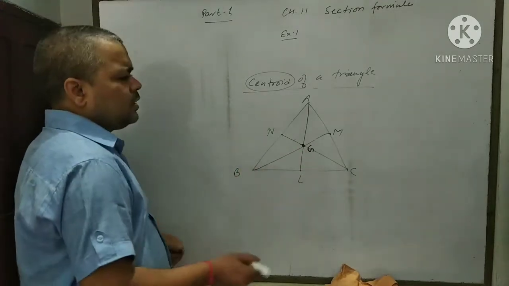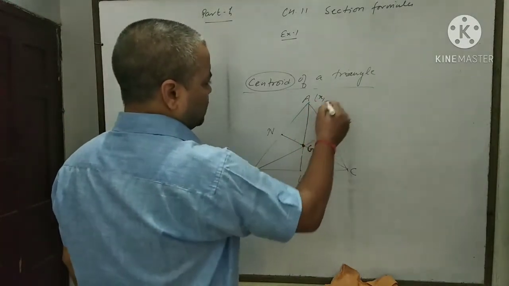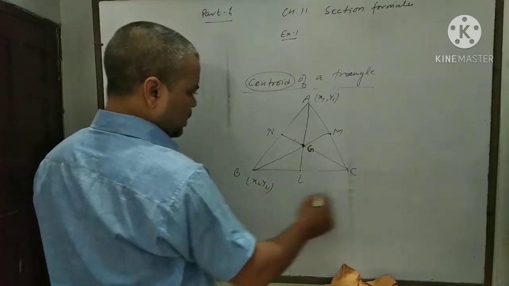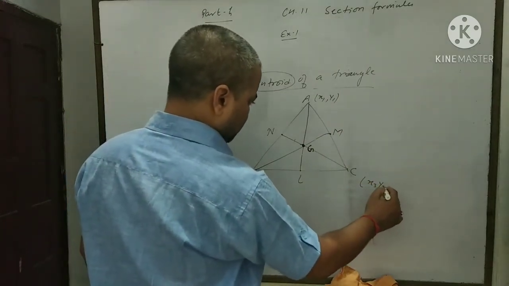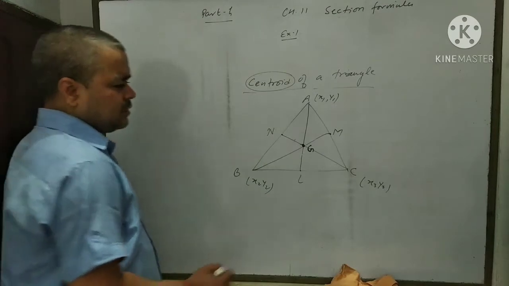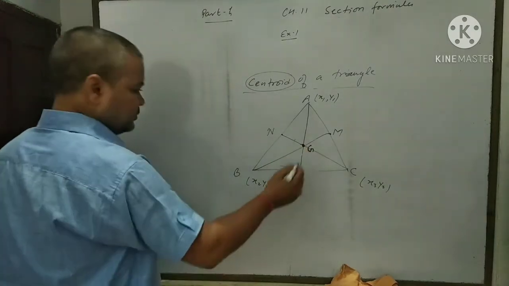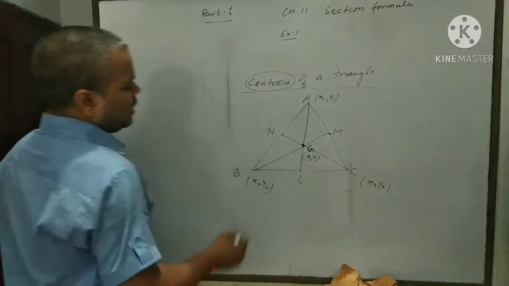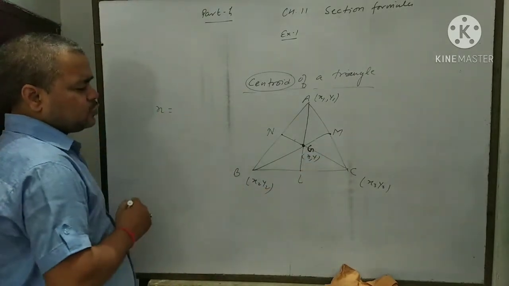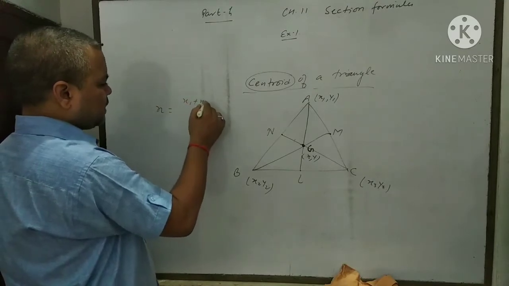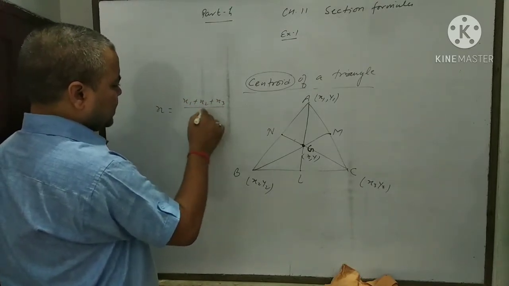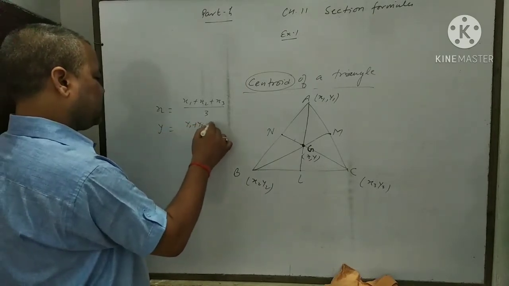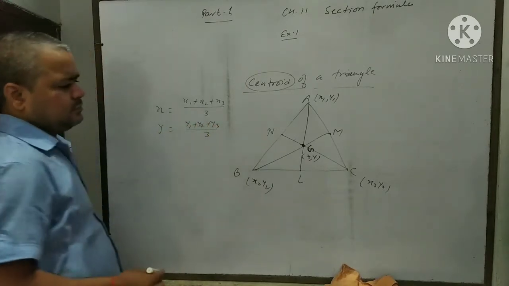Now let the coordinates of the first point A be x1 y1, here x2 y2, and here x3 y3. Then let the coordinate of this point G be xy. Then directly we can write x is equal to x1 plus x2 plus x3 by 3, and the y coordinate is equal to y1 plus y2 plus y3 by 3.